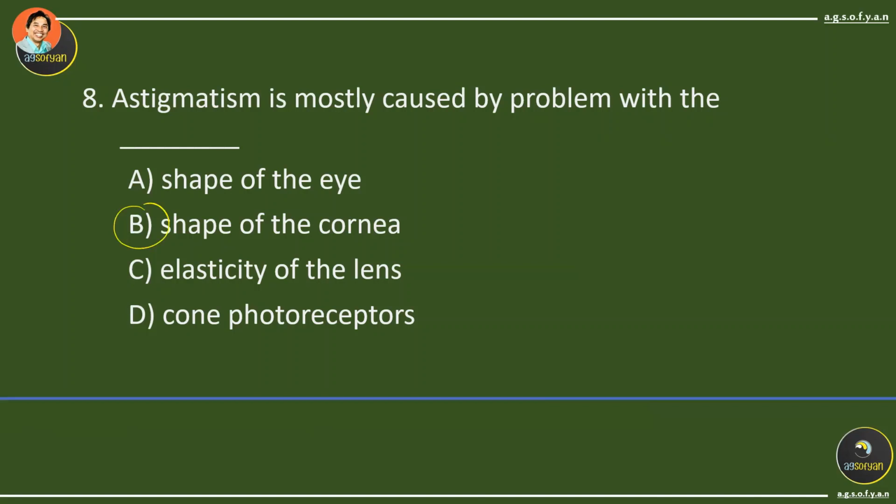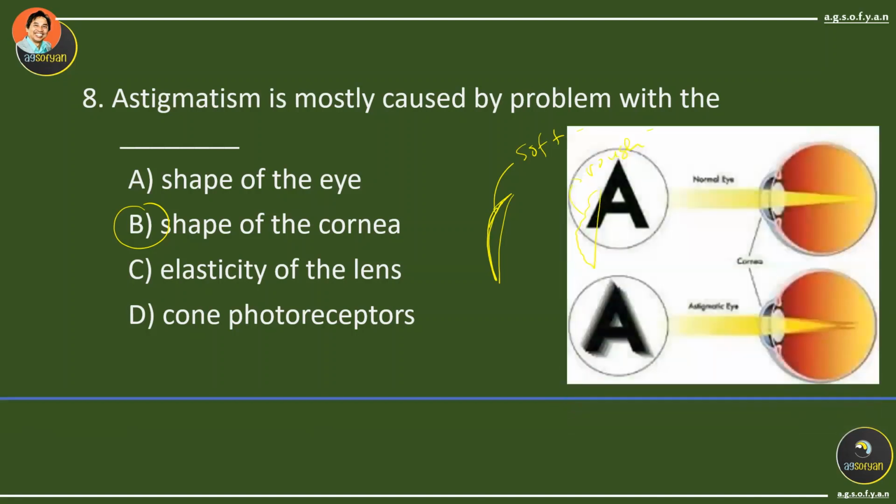Normal people will have a soft cornea, but people with astigmatism, maybe the cornea is a little bit rough, it's not soft. So soft, and this is kind of rough, or an irregular shape of the cornea.